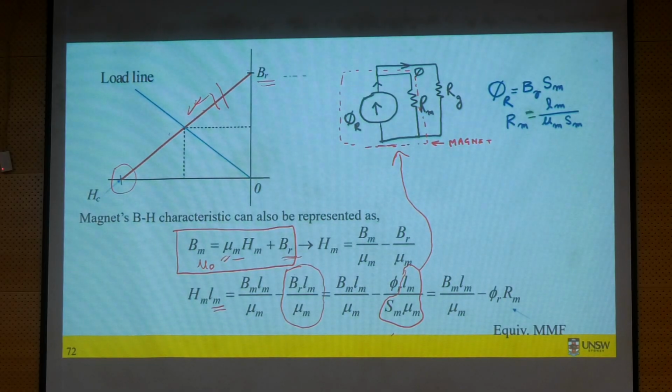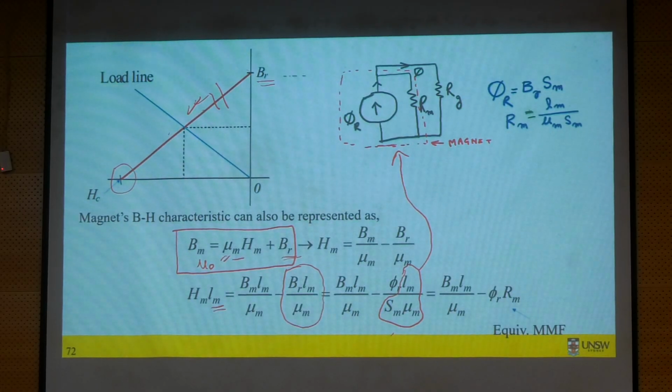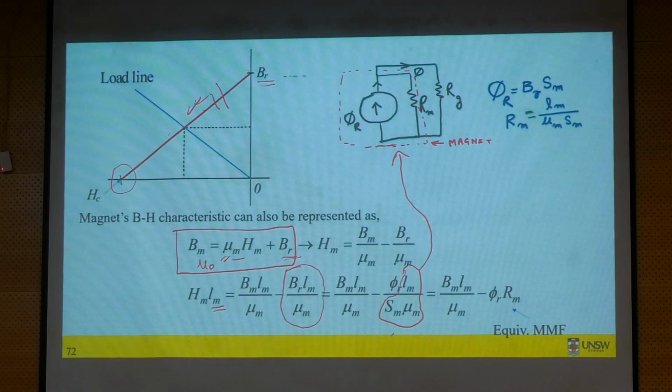So the magnet can be represented by its reluctance, which comes from the width of your magnet, the cross-sectional area of your magnet, and the permeability of the magnet.